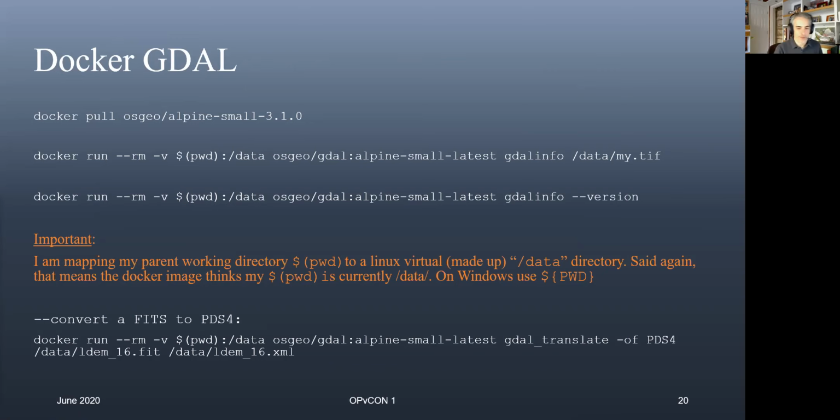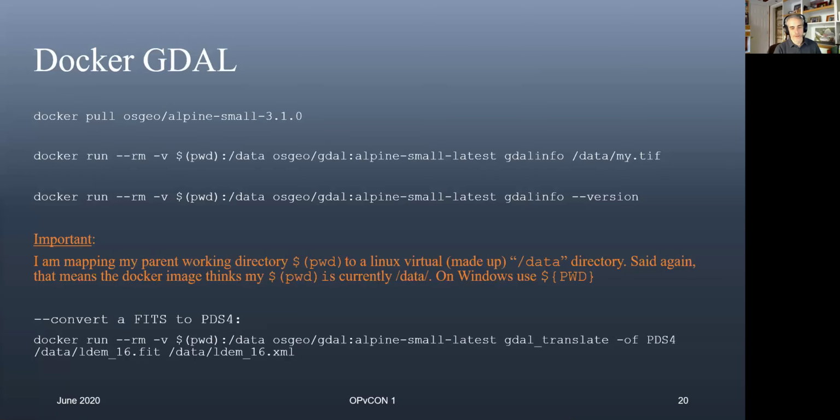I guess I didn't have to, but with a Docker run, without installing anything but Docker and then downloading this Docker image of GDAL, I can run gdal_translate using the latest and greatest nightly build, from VICAR to PDS4 is the example I'm showing. So it's a really good way to avoid impacting anything.